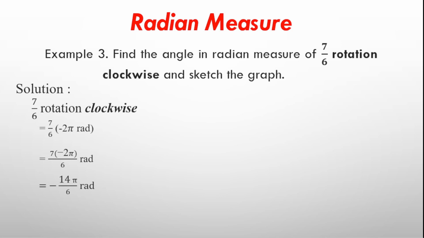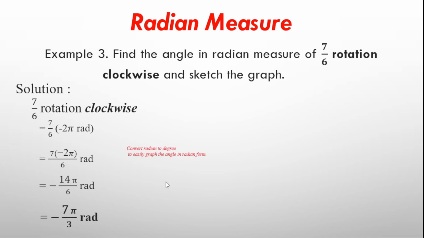So 7 times negative 2 pi is negative 14 pi over 6 radian. As we simplify negative 14 pi over 6 radian, it becomes negative 7 pi over 3 radian. Why? It is because 14 and 6 have a greatest common factor of 2. So 14 divided by 2 is 7 and 6 divided by 2 is 3. That is why we have negative 7 pi over 3 radian.